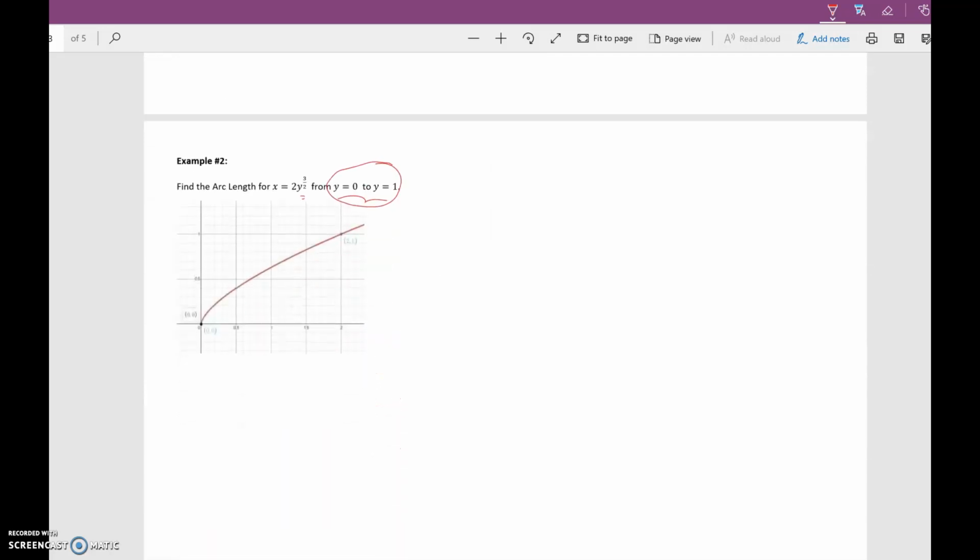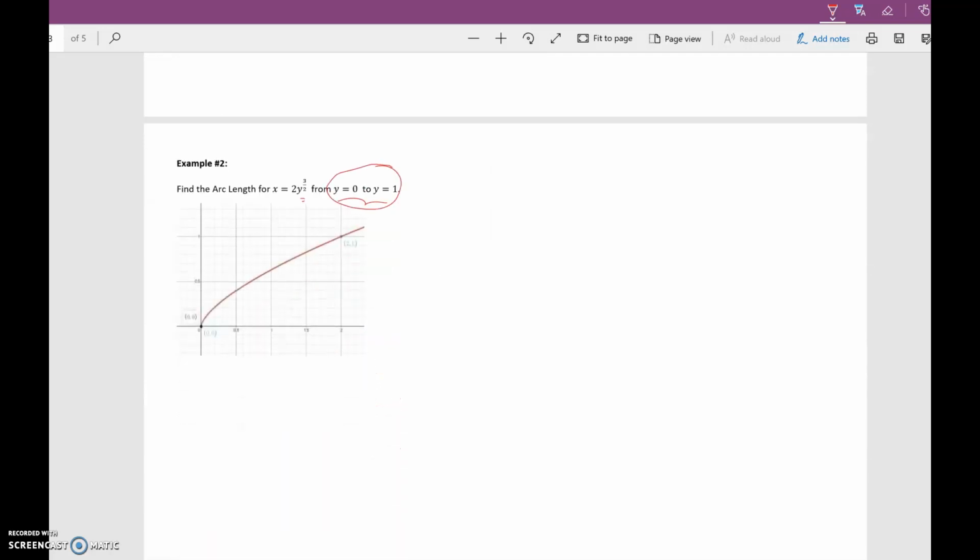So for this one, I'm just going to say let g of y equal to 2y to the 3 halves.